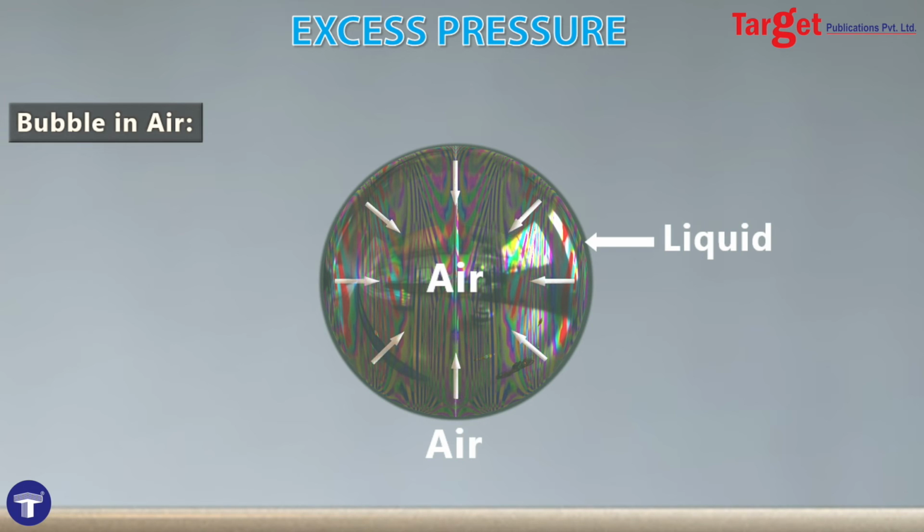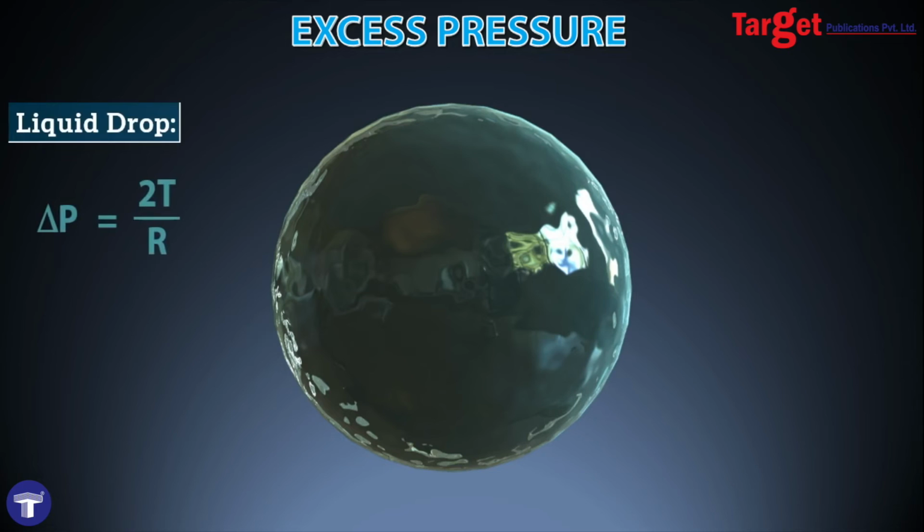It has the interface of the liquid with air on the inside and the interface of the liquid with air on the outside, and therefore the excess pressure is double as compared to the bubble in a liquid, and it comes out to be 4T by R. The liquid drop has exactly one free surface, and hence the excess pressure is the same as it was in the case of the bubble inside the liquid.